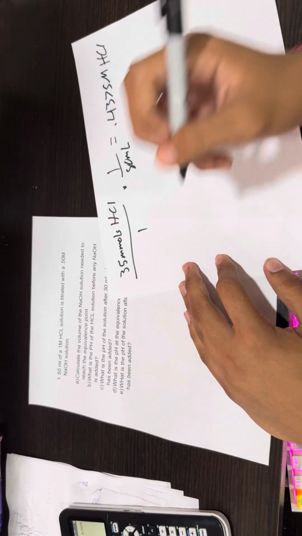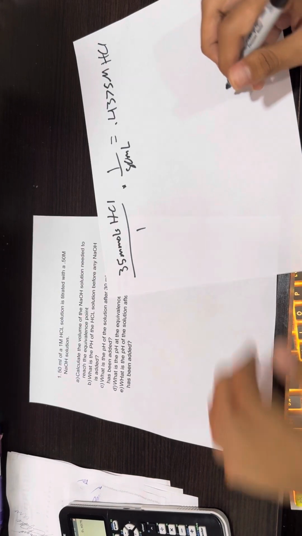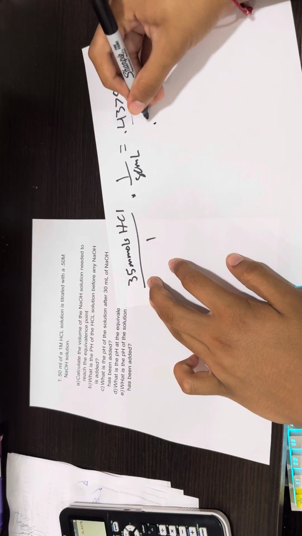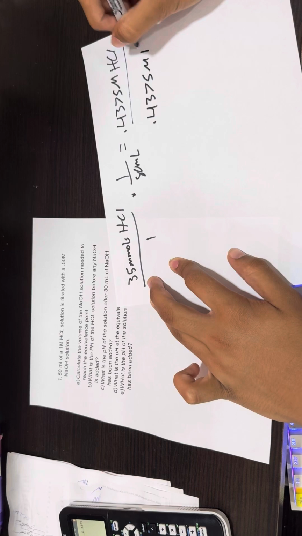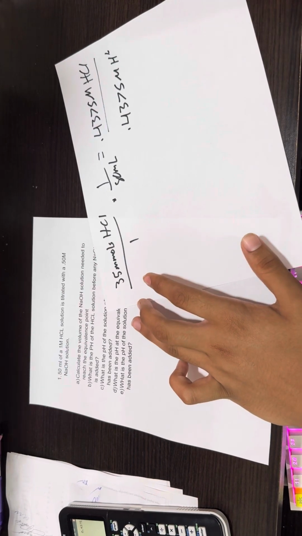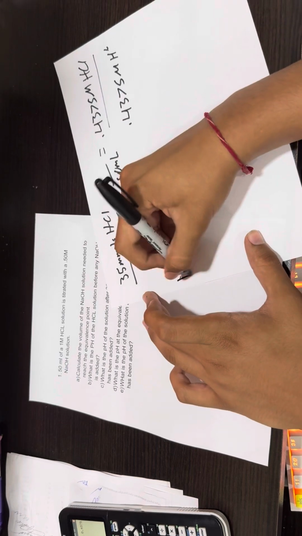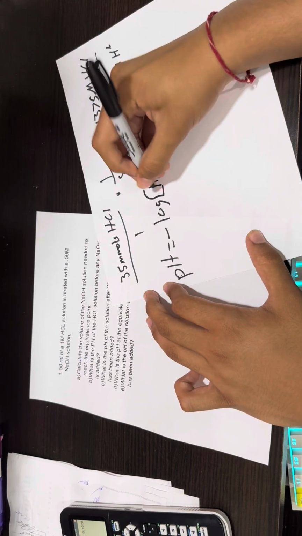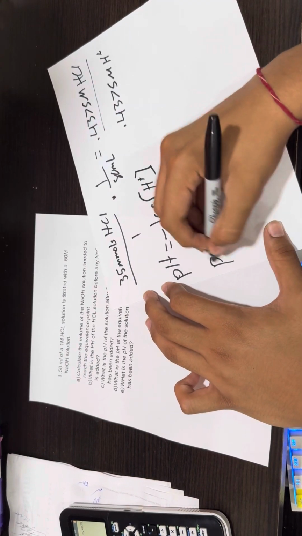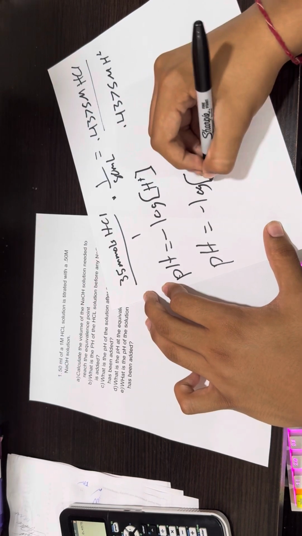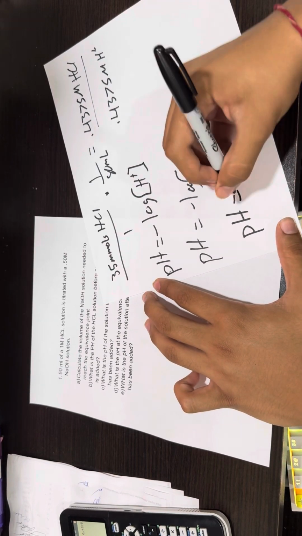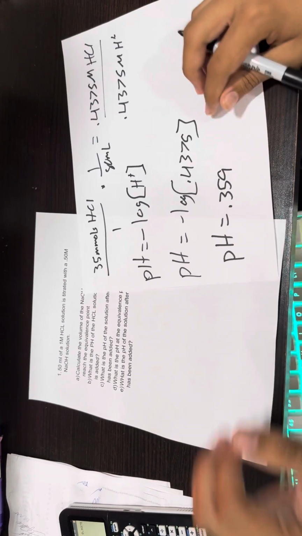Now, like the last problem, we can assume that if this is the molarity of HCl, this is going to be the same molarity for H+. So we can again use pH equals negative log of the concentration of H+, and by plugging in 0.4375, we would get a pH of 0.359. So that is the answer to part C.